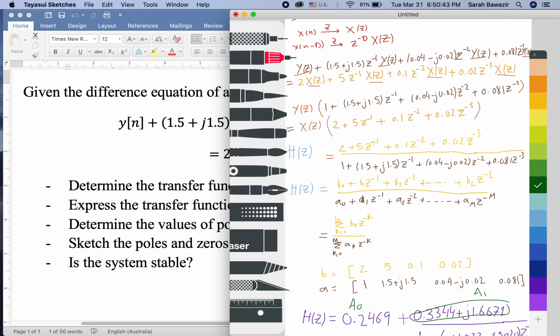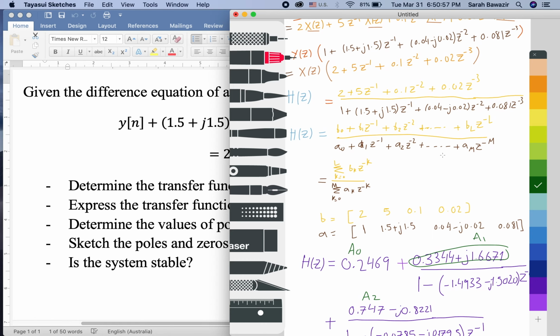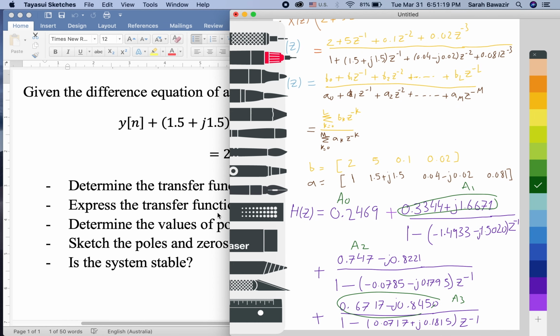And then when we got it, we noticed that it's a polynomial in the numerator and in the denominator. And then I told you that in MATLAB, instead of entering the transfer function as a polynomial, we use two vectors, b and a: a vector for the numerator polynomial and a vector for the denominator polynomial. And then we used a command called residuez.